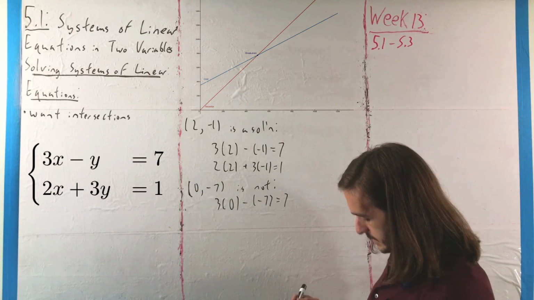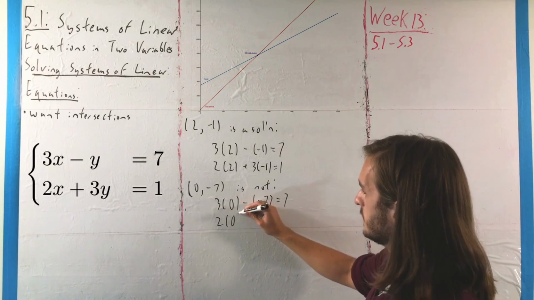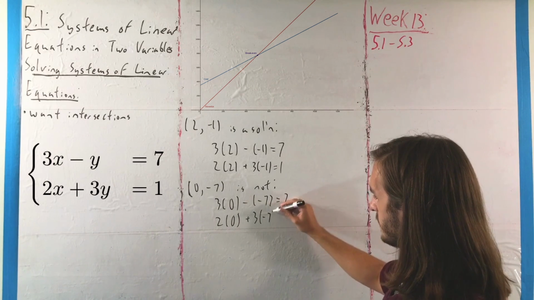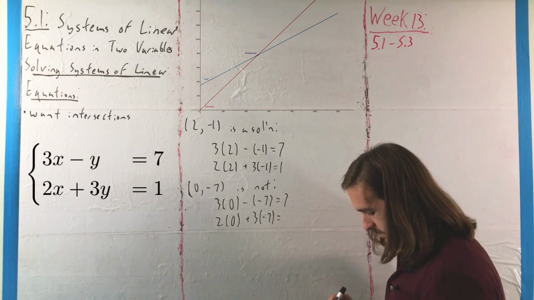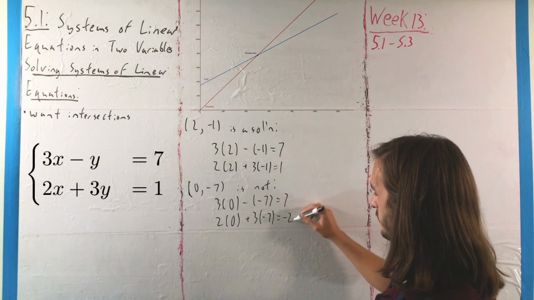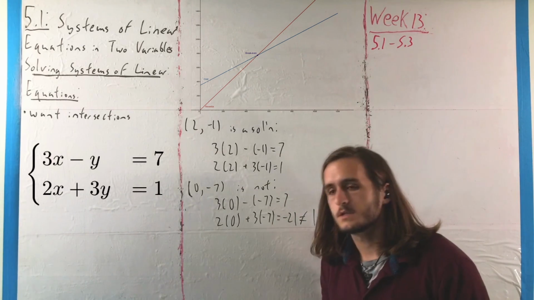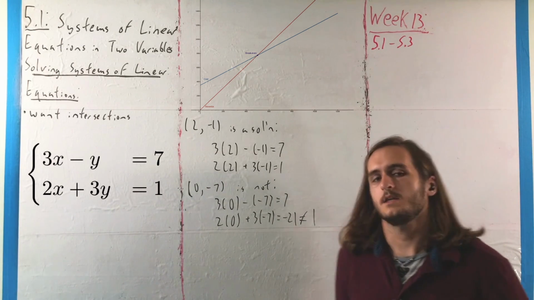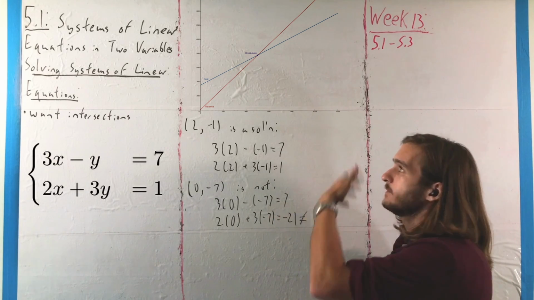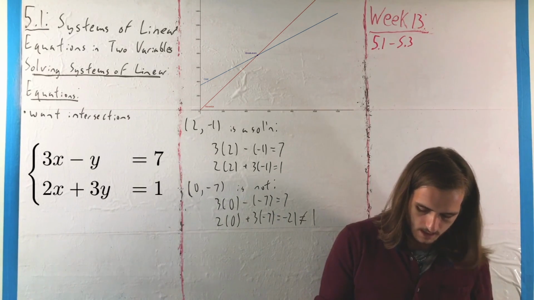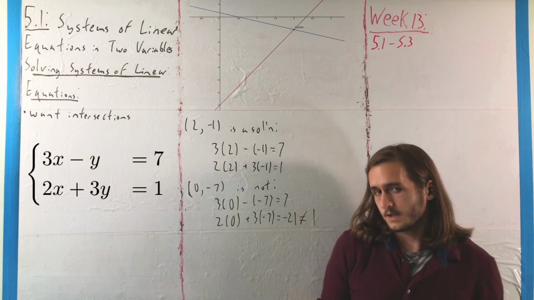But in the second case, we would have 2 times 0 plus 3 times -7, which would end up being -21, which is not equal to 1. So our first equation is satisfied, our second isn't. This is a perfectly valid point for that first line, but a completely invalid one for the second, because again, what we're looking for is that intersection.